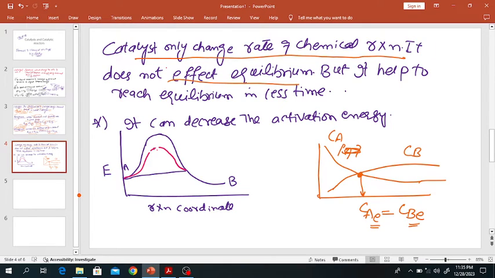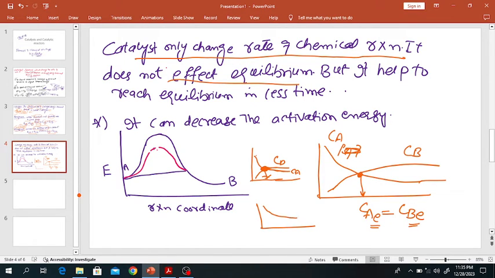Suppose with catalyst, the equilibrium is reached in much less time. Suppose this is with catalyst. So this is the concentration of B and this is the concentration of A. With catalyst the equilibrium is achieved in very little time.